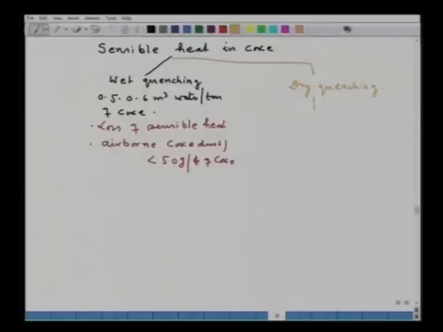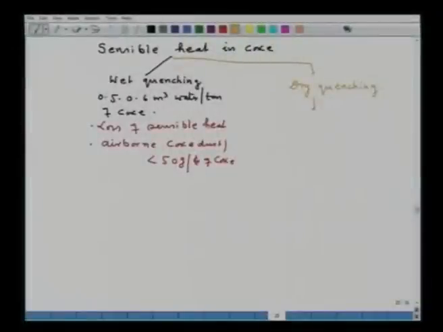In dry quenching, gas is used to cool the hot coke, and as a result of the exchange of heat between the hot coke and the gas, the gas gets heated up. So energy is transferred from the hot coke to the gas. The coke is discharged at a lower temperature and the gas is heated up, and this heated gas can be used for performing several operations.